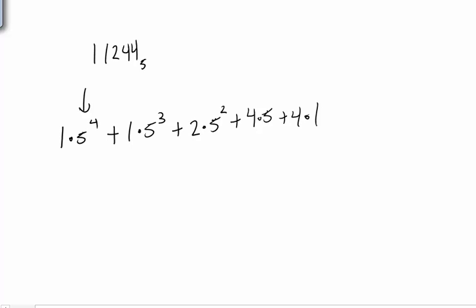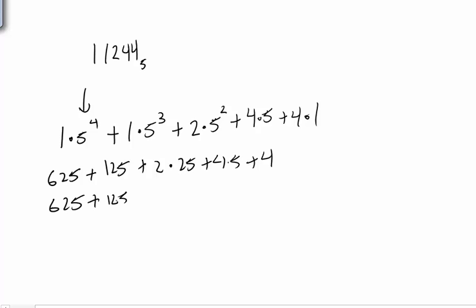Okay. And then we just type that in the calculator and see what we get. So 625 plus 125 plus 2 times 25 plus 4 times 5 plus 4. So that's 625 plus 125 plus 50 plus another 20 plus 4. And that'll give us a grand total of 824 is what we would consider that number to be.